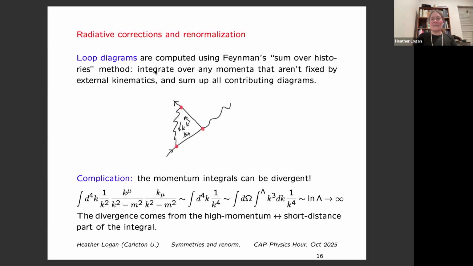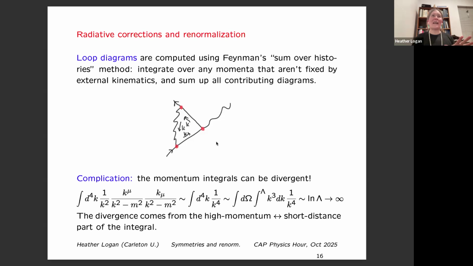And there's a well-defined procedure for calculating these, these so-called loop diagrams. They're computed using the so-called Feynman rules in particle physics and the sum over histories. The sum over histories is like in quantum mechanics where you integrate everything. You take all possible ways that the process can happen and you add them all up.